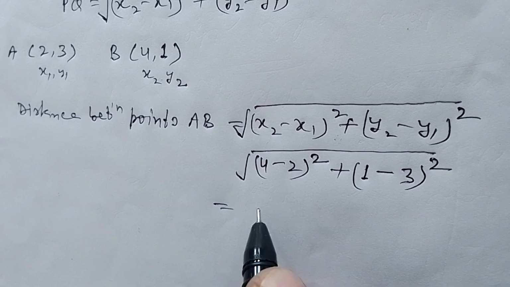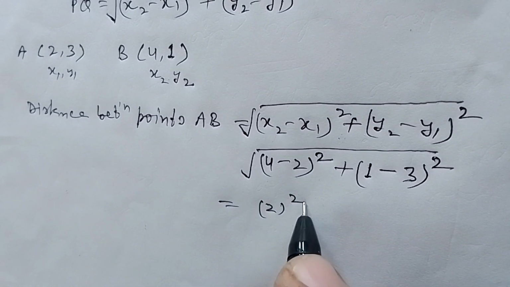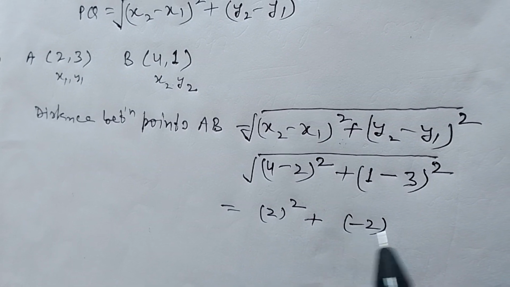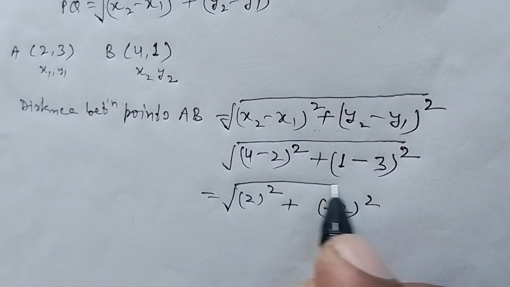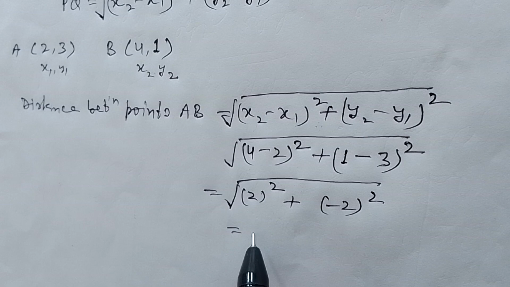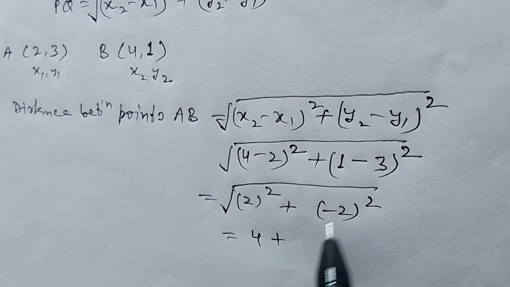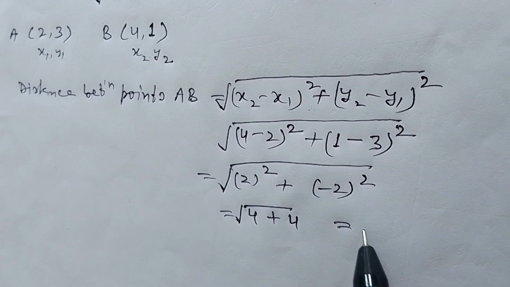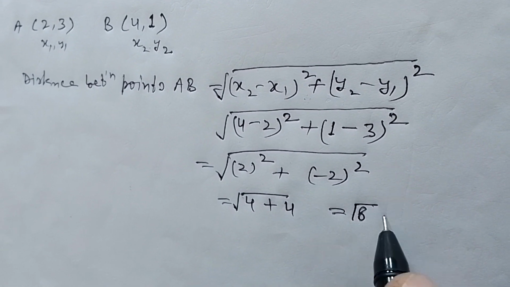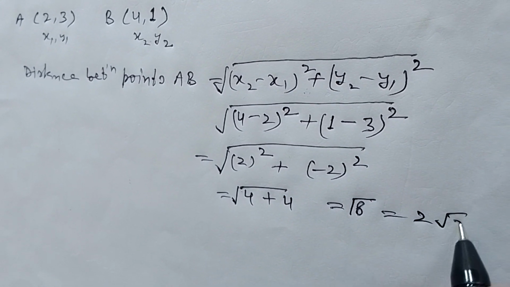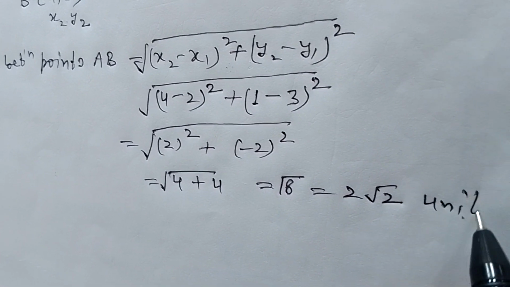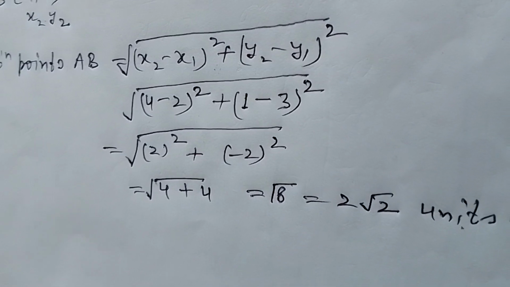So 4 minus 2 is 2, to the power 2, plus 1 minus 3 is minus 2, to the power 2. So it will become 2 squared is 4 plus 2 squared is 4, under root. It comes out to be root 8, which we can write as 2 root 2. So this is the answer of the first part of the first question.